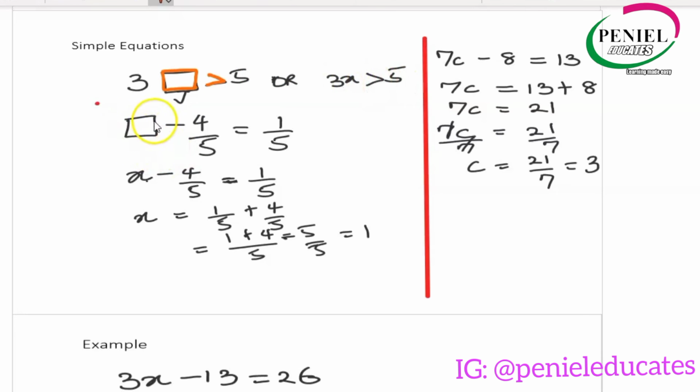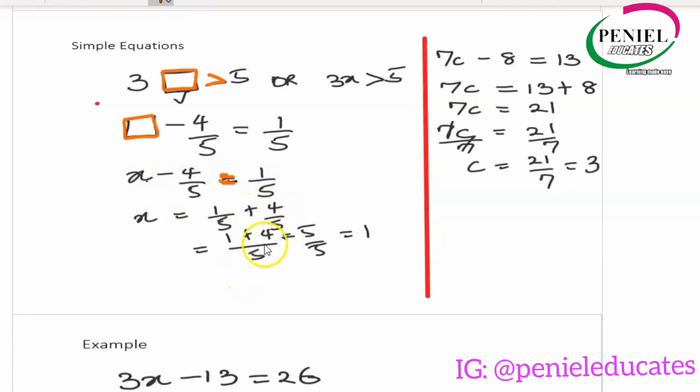So let's say, for example, you are given x minus 4 over 5 is equal to 1 over 5. You can represent this by x, or by anything. Then what you need to do is x minus 4 over 5 is equal to 1 over 5. If you take everything to the other side, because this one is negative, once you cross the equality sign, it's going to change to positive 4 over 5.